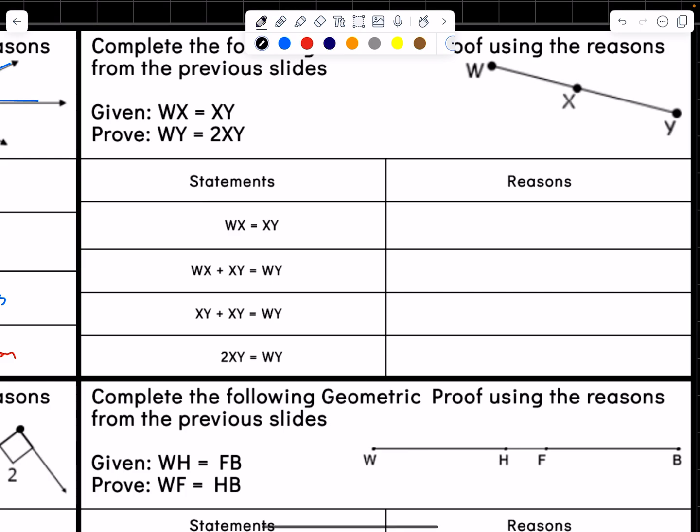Over here on the top right, I've got another given statement. Wx equals xy.